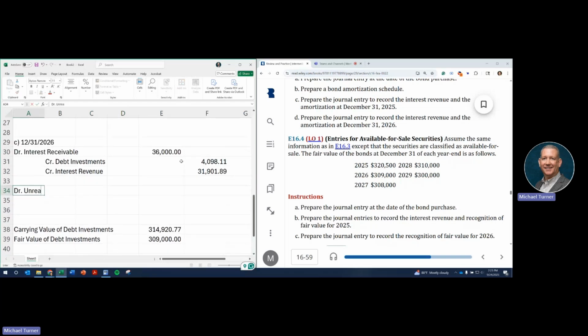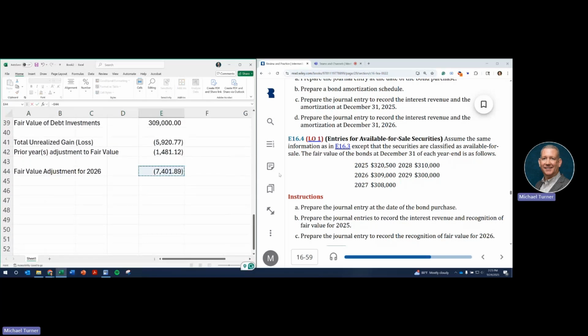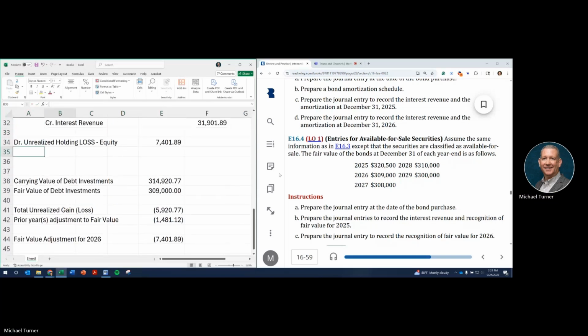So debit unrealized holding loss, and this is again in equity, $7,401.89, and then credit the fair value adjustment account, $7,401.89.